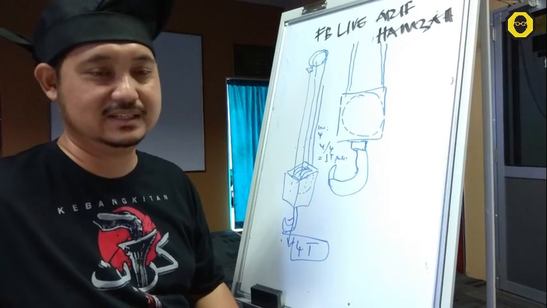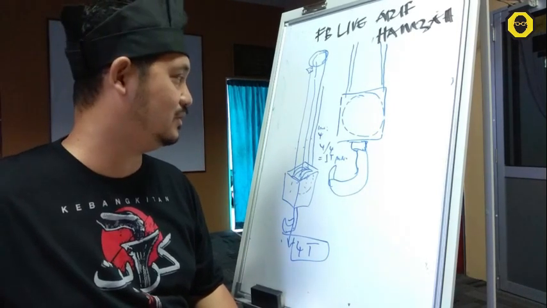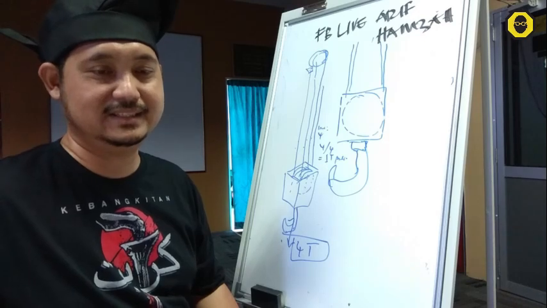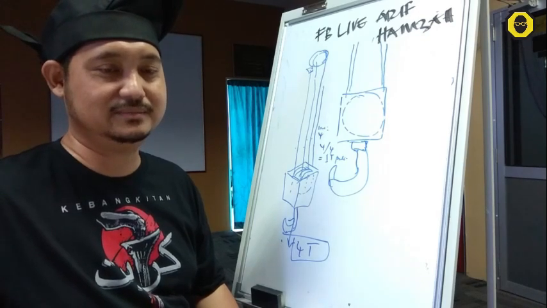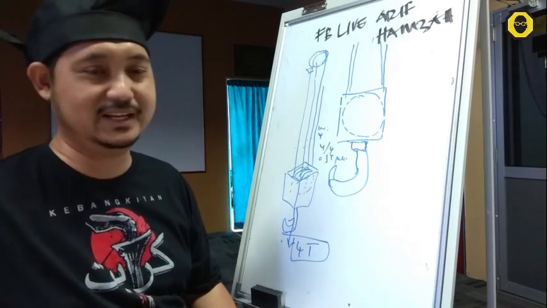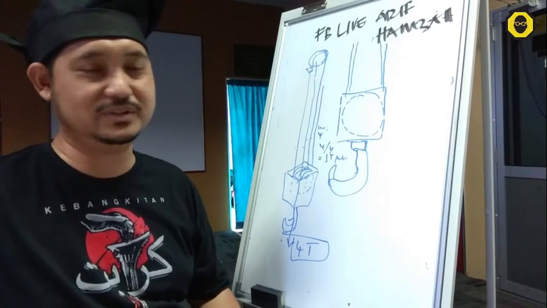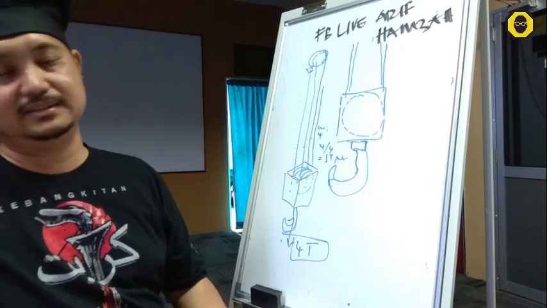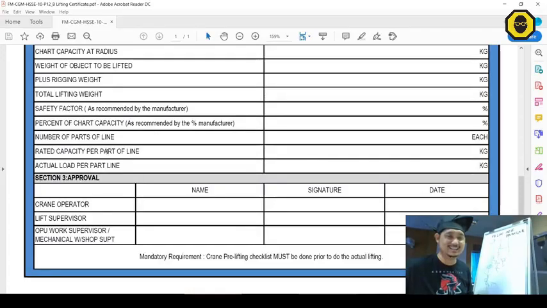Not all you can use for line. Mostly most assessments for line can be accommodated, but you have to refer to the load chart and crane manual. Okay, rated capacity per line. Actual load per line, from that total load you have to divide by the number of parts, and then you know what is the actual load per line. Is it more than this rated capacity of each line?